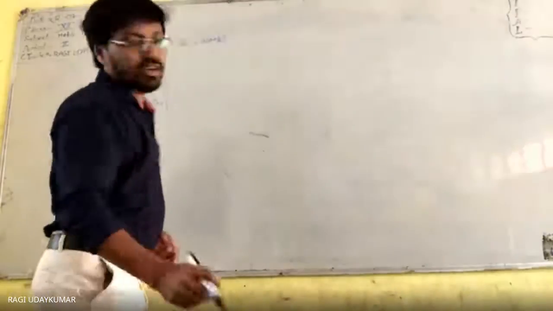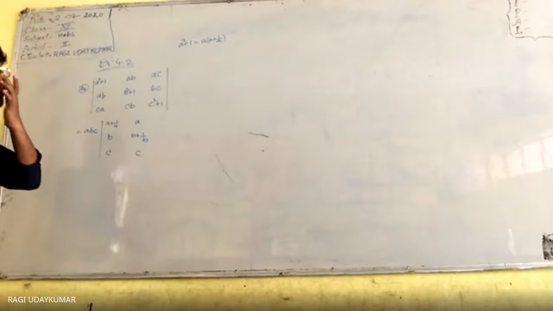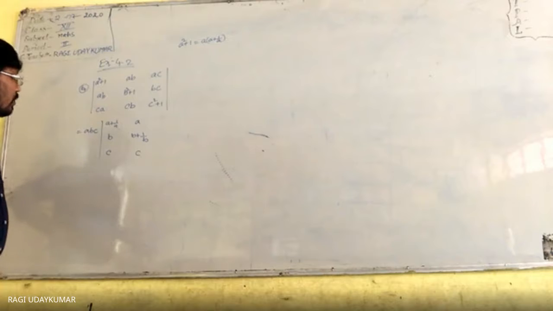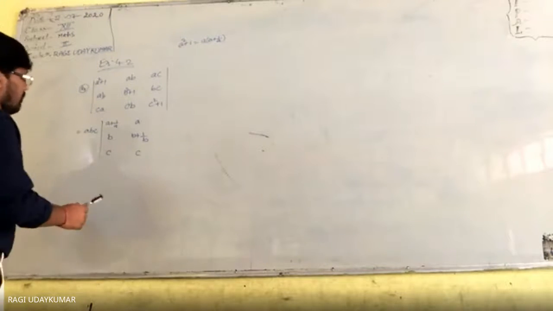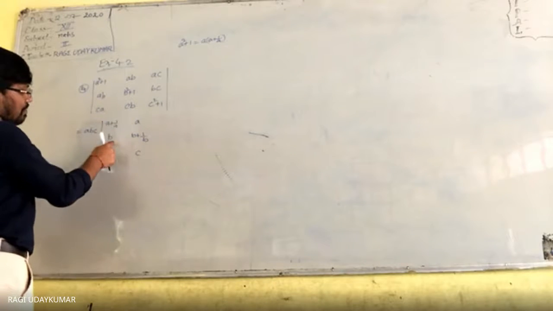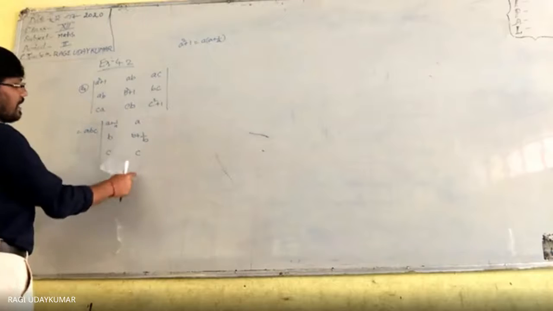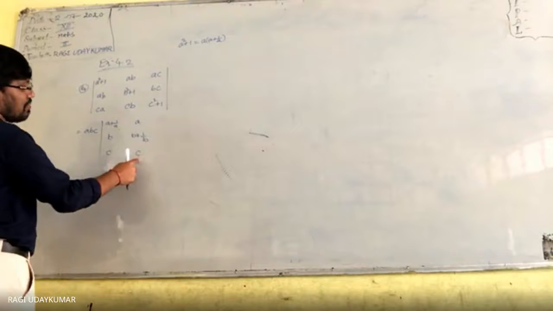Now see here, what we did here. If you are doing like this, if you take abc common, what do we get here? abc we have taken common: a plus 1 by a, b, c. From this we have taken b common, so a, b plus 1 by b, c.